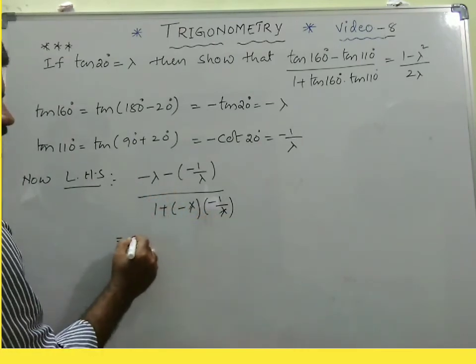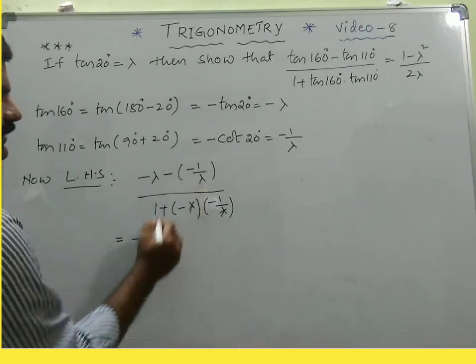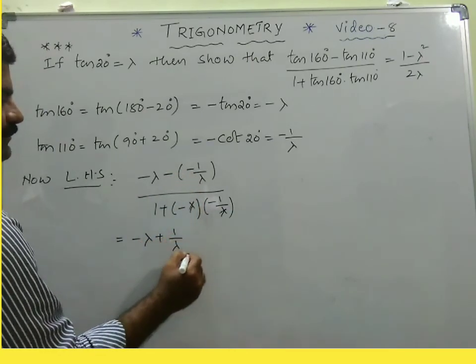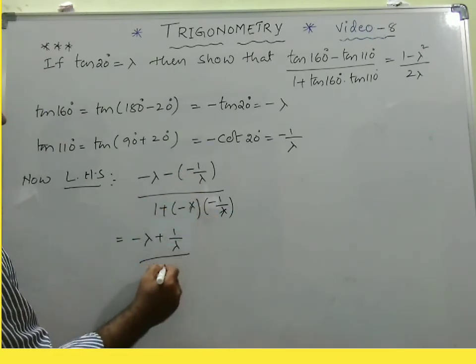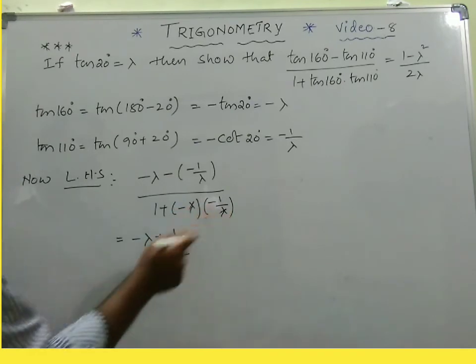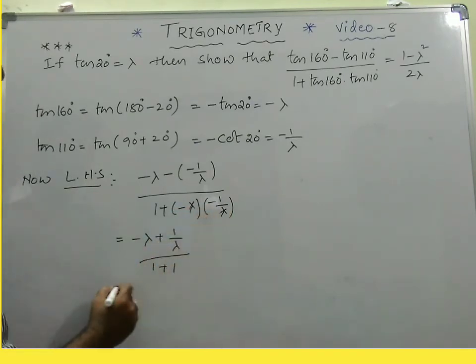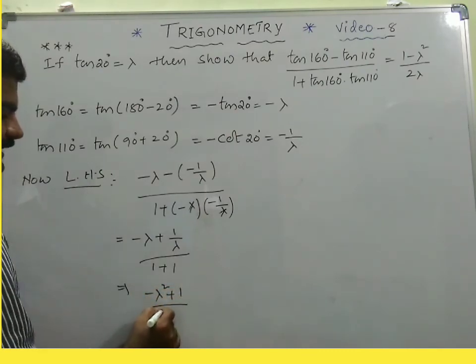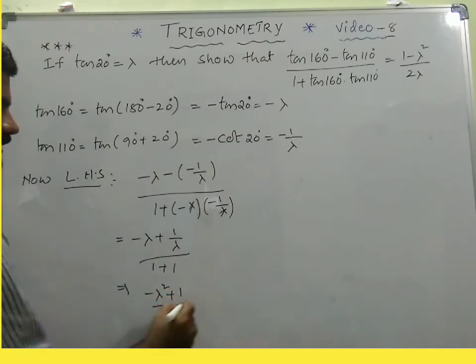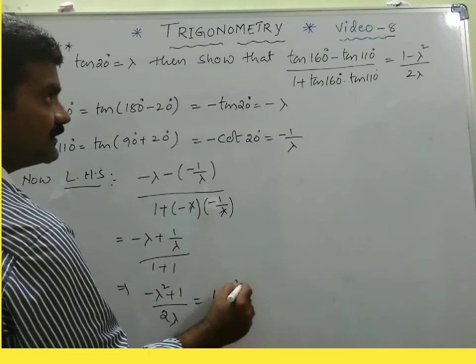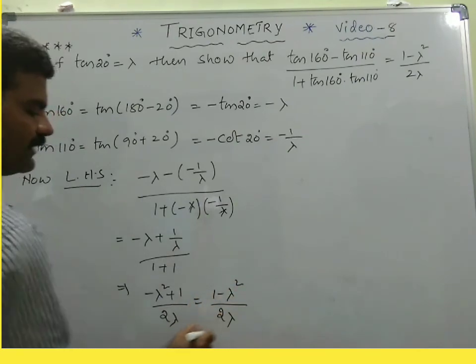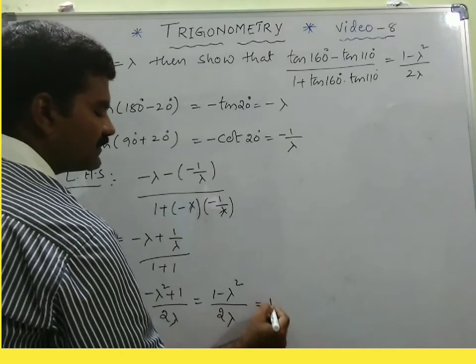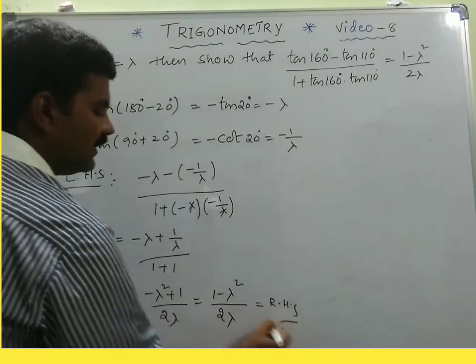Now this is minus lambda minus of minus, plus 1 by lambda, whole divided by 1 plus 1, minus of minus plus 1. So cross multiplication, (minus lambda square plus 1) by 2 lambda, which we can write as (1 minus lambda square) by 2 lambda, which is the RHS.